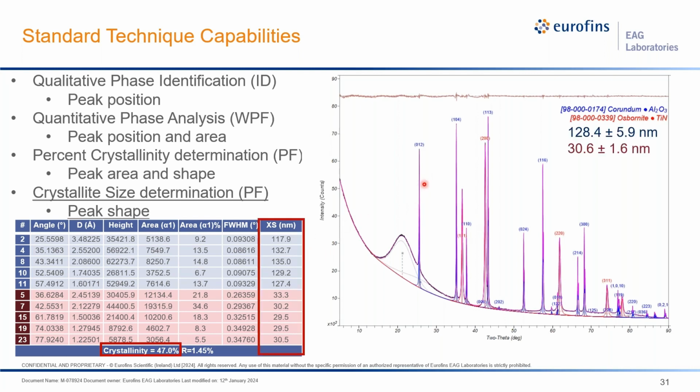And then the other thing we can do is roughly approximate crystallite size, which is a function of full width half max of the peaks in each crystallographic direction, essentially. And so what we can do is take an average of the approximate crystallite sizes in the most intense, least overlapped peaks. So these are some approximate crystallite sizes for the 2 crystalline phases in this sample.